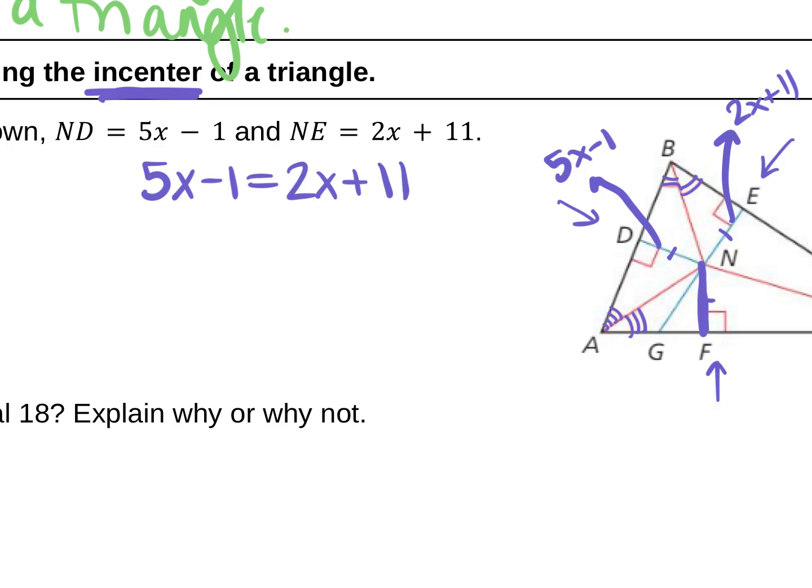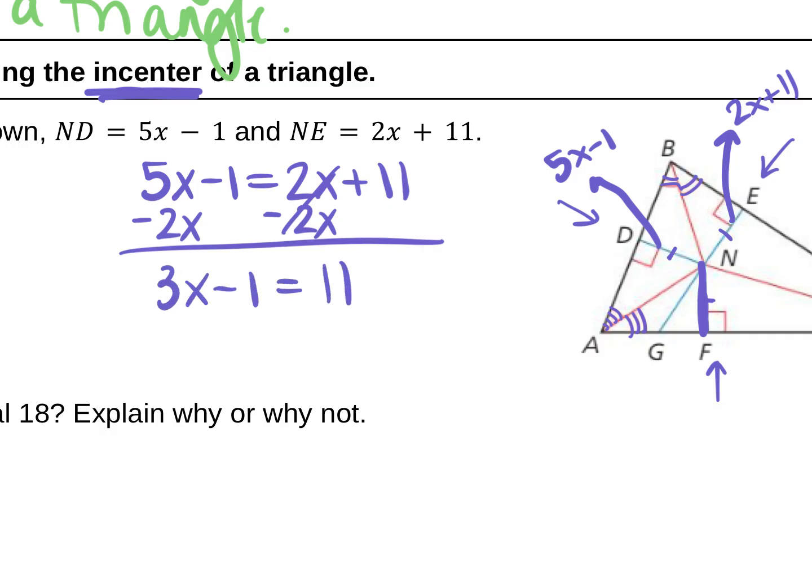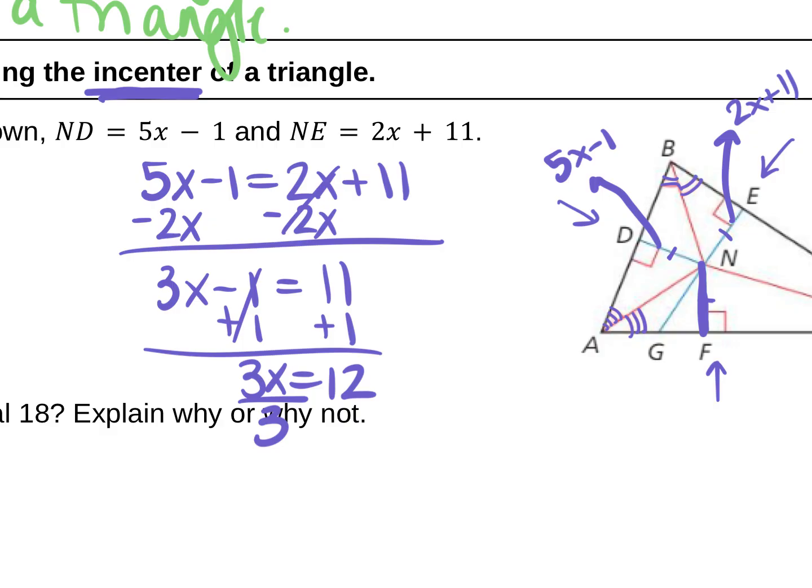How would I solve for x? Minus 2x on both sides is right. And then I would add 1. And then divide by 3, which would give me x equals 4.